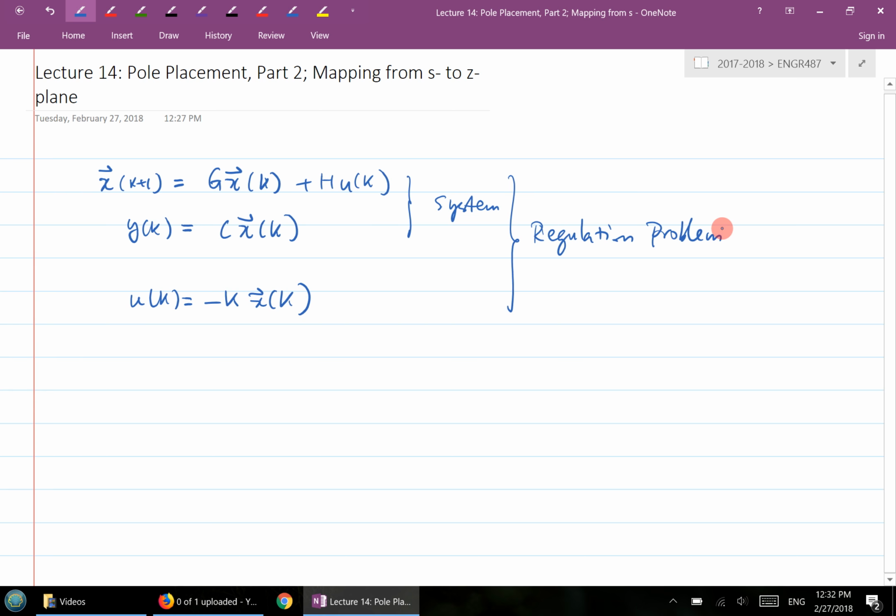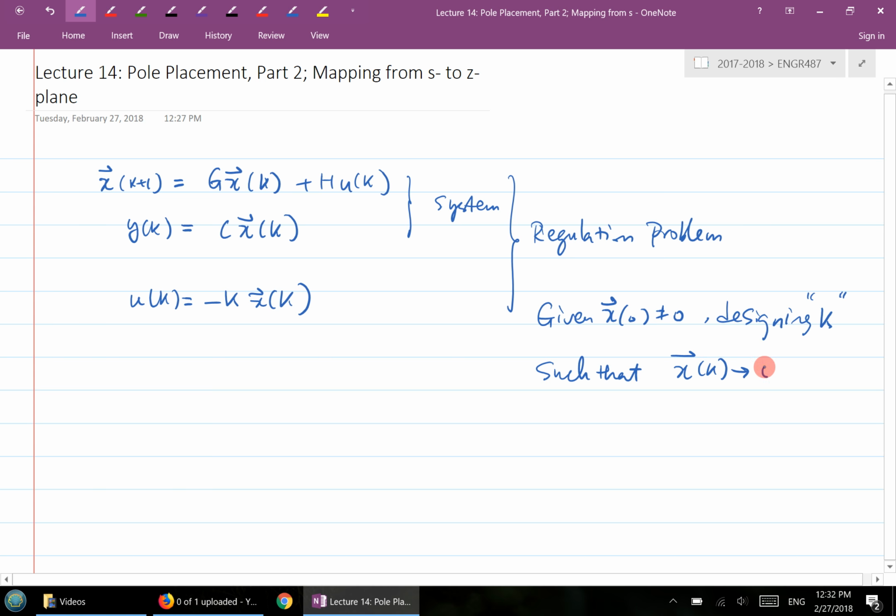As we explained, essentially what it means is you are given a certain non-zero initial condition, and then we design this control parameter K such that the x of k will go back to 0. That's as simple as it is. That's basically what a regulator means.